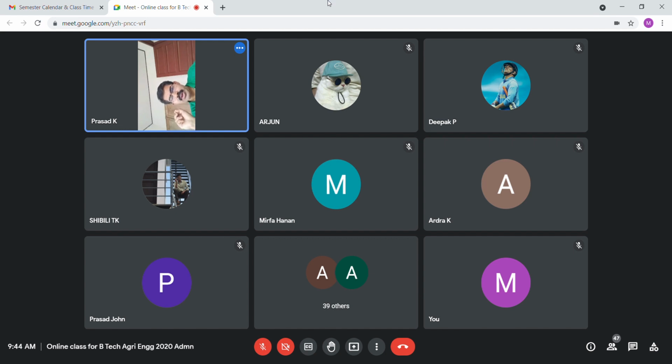It is denoted by small letter P and small letter D. That is, diametral pitch PD is equal to capital T divided by capital D, and that is equal to pi by PC, where T is the number of teeth and D is the pitch circle diameter. So what is meant by diametral pitch?